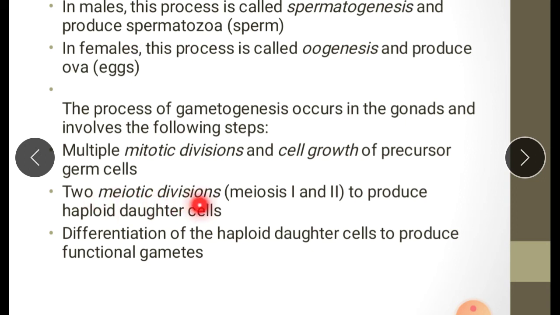Then two meiotic divisions, meiosis 1 and meiosis 2, produce haploid daughter cells. Then differentiation of the haploid daughter cells produces functional gametes: haploid cells undergo modification to become either ova or sperms.